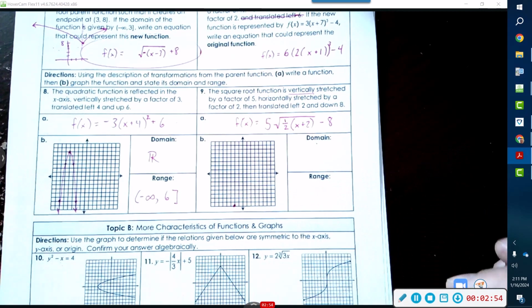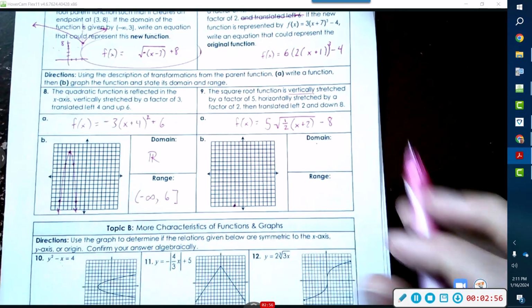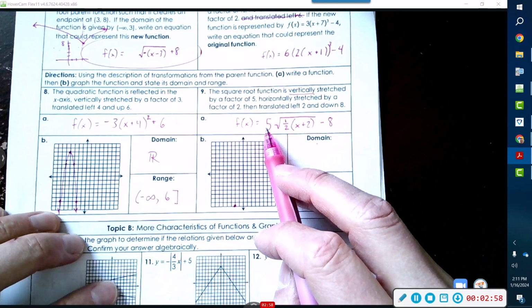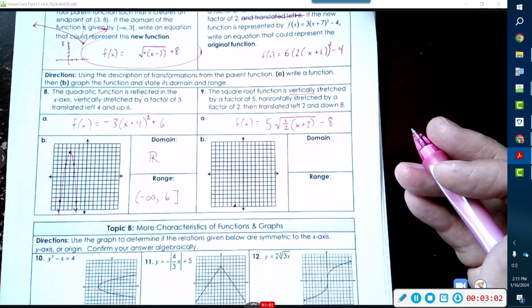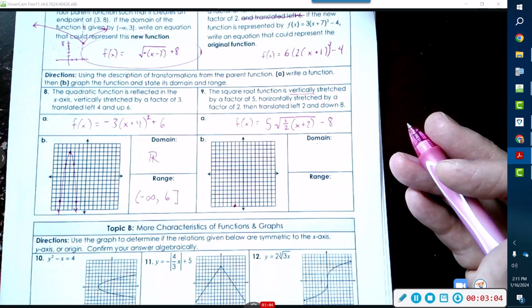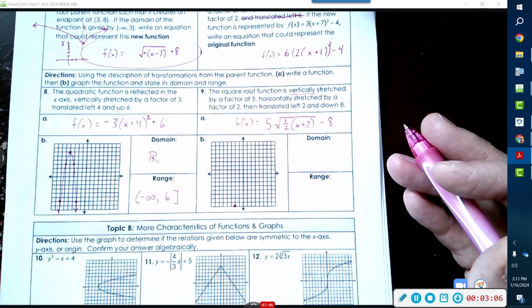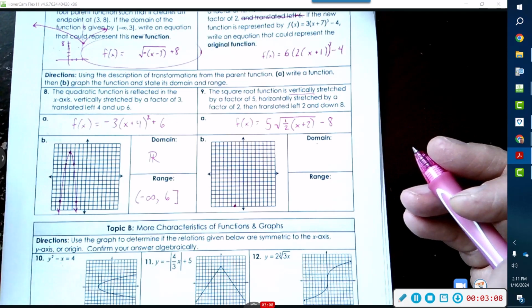Okay. Now here's where it gets a little tricky because we both have a vertical stretch by a factor of 5. And then we're going to have a horizontal stretch by a factor of 2.